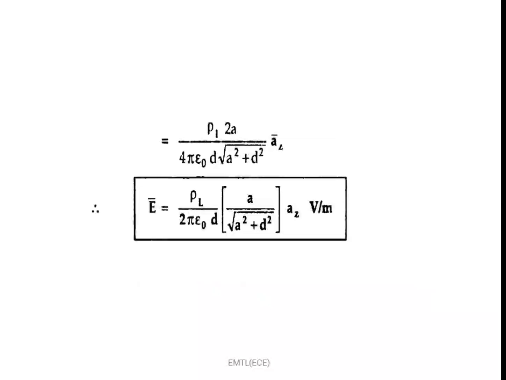So finally, by taking the square root of a square plus d square common, the expression for electric field intensity is rho L by 2 pi epsilon naught d, a by square root of a square plus d square, aZ bar volt per meter.